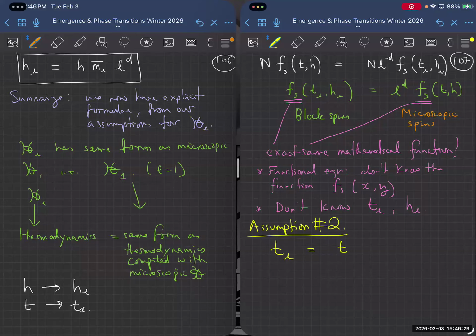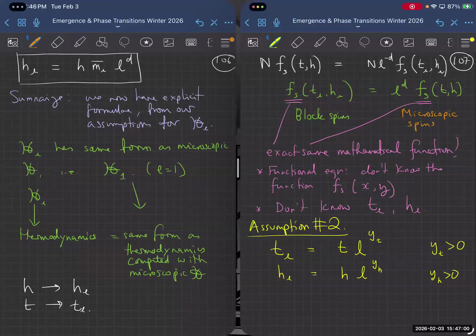I'm going to say it's related to T, the reduced temperature, because it's the same dimensional variable, whatever it is. And then it depends on L to some exponent, which I'm going to call y sub t, where y sub t is greater than 0. And I'm going to assume that h sub L is equal to the original h times L to the exponent y_h.